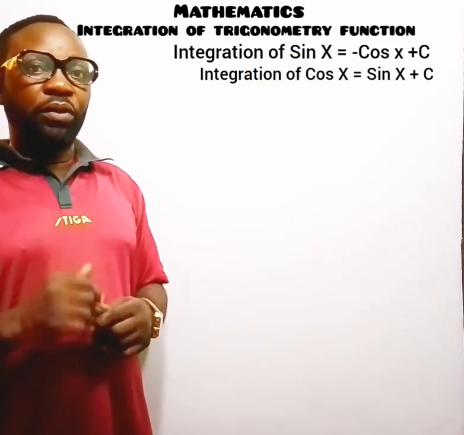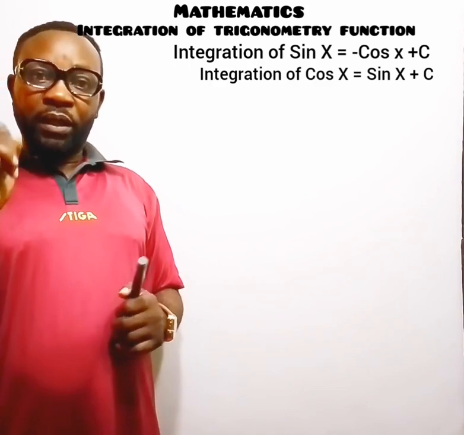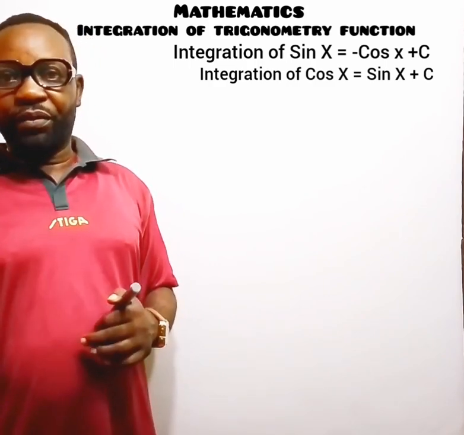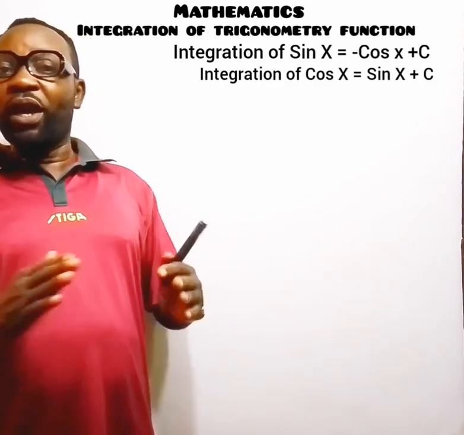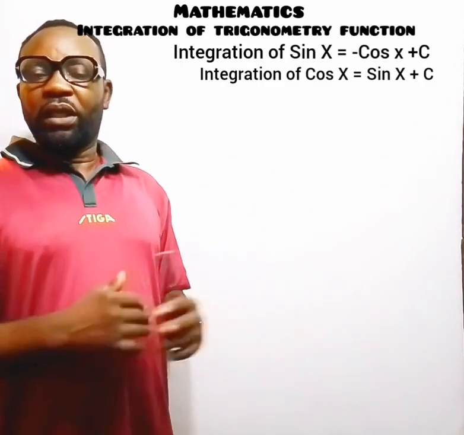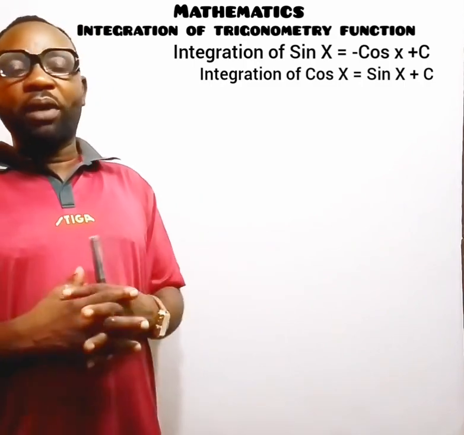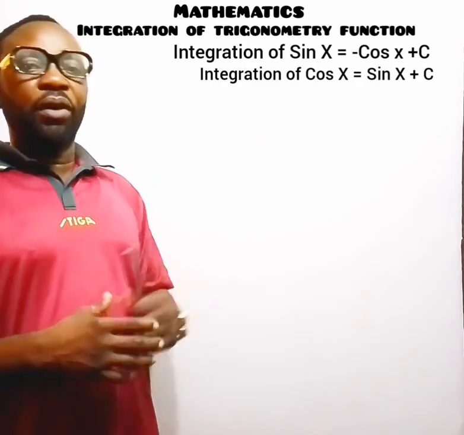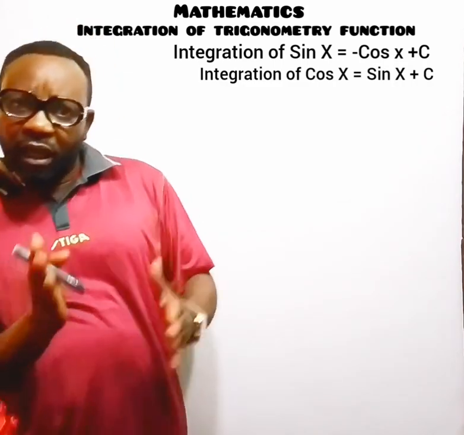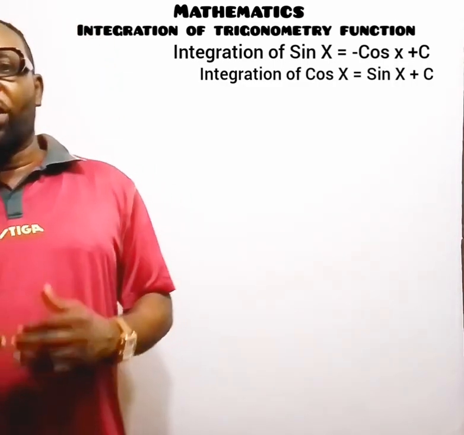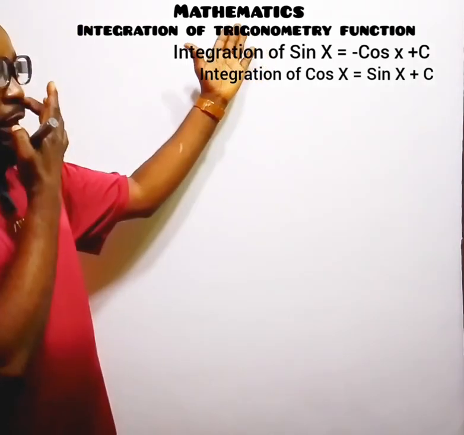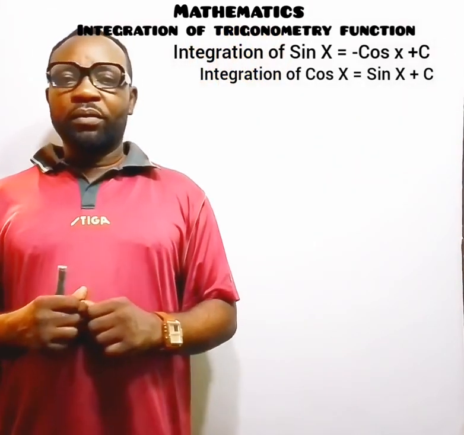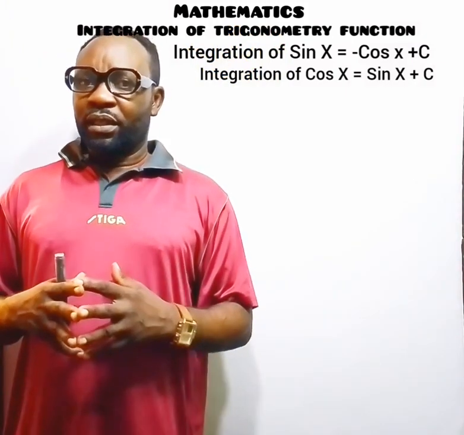And we all know that integration is the anti-differentiation. That is, the value we are given as a question in differentiation is what we normally find as the answer in our integration. So the integration of sine x and that of cos x are related to one another. Now, the tangent.